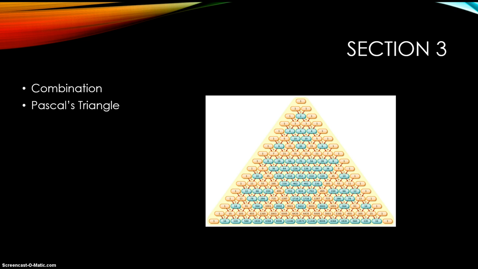Pascal's triangle, which is what I've got a picture of here, can be used to generate combinations. Unordered partition. This is when, for example, you've got a group of students, you're going to divide them evenly, and the order in which they're placed does not matter. That would be an example of an unordered partition. It's probably the hardest formula to remember, so please make sure you review that.